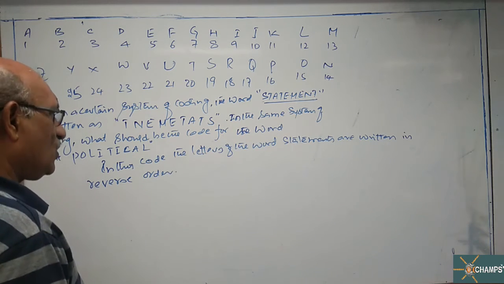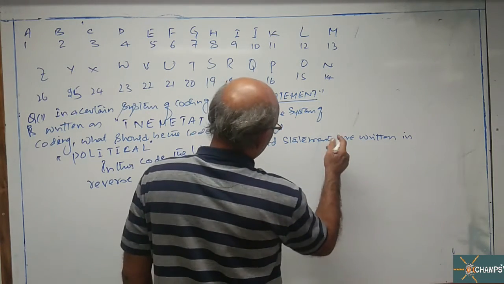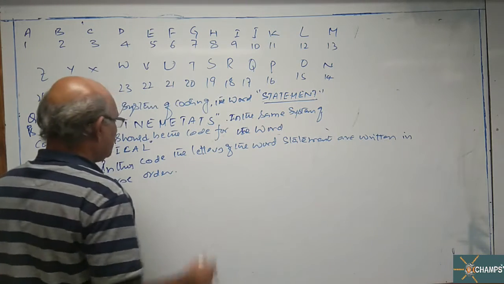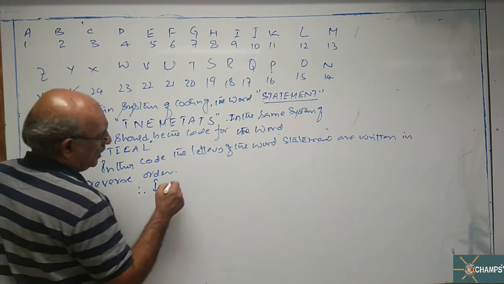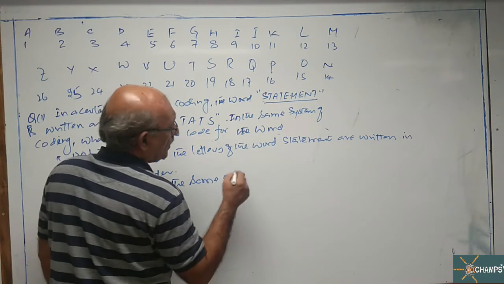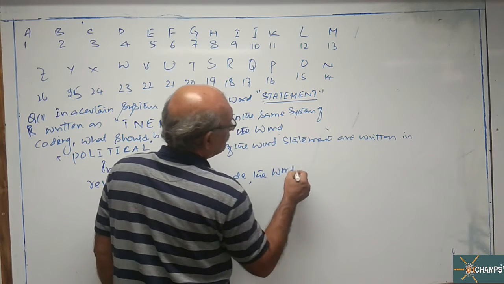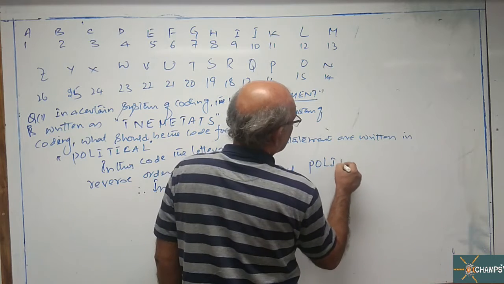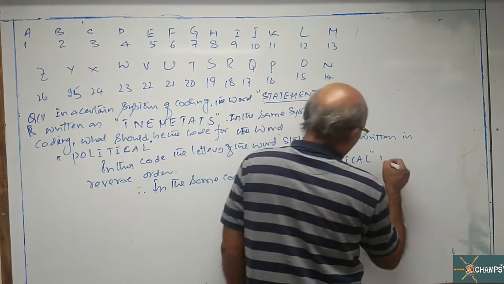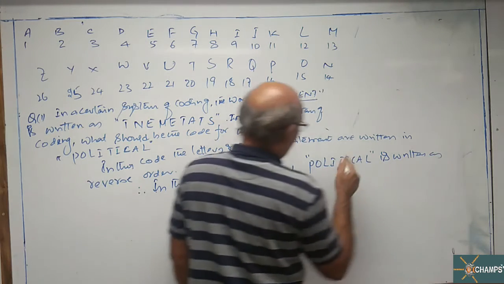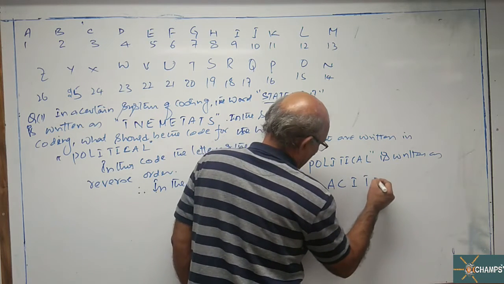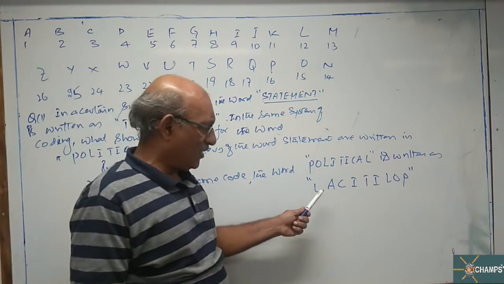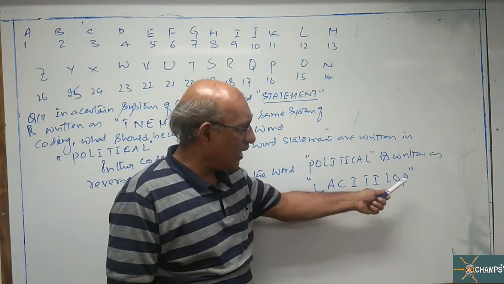Therefore, in the same code, the word political is written in reverse order, sir: L A C I T I L O P. The word political is written as L A C I T I L O P.